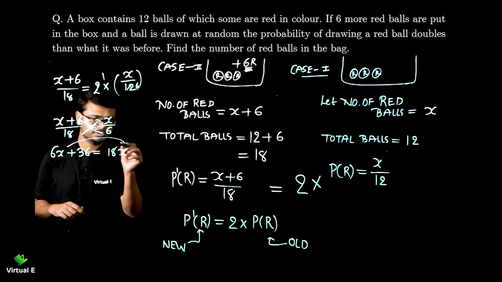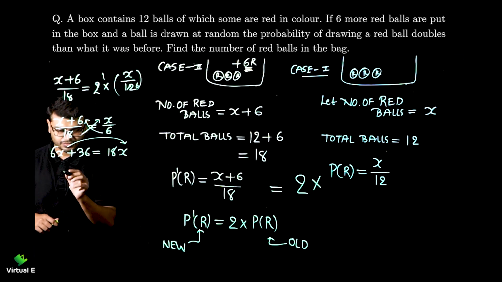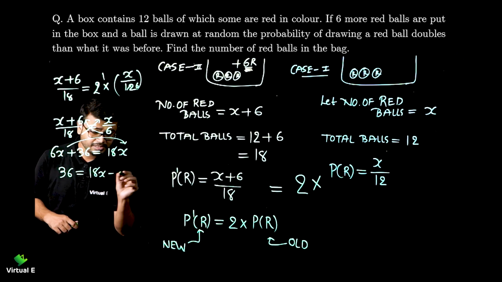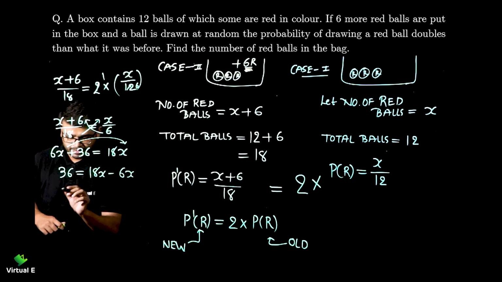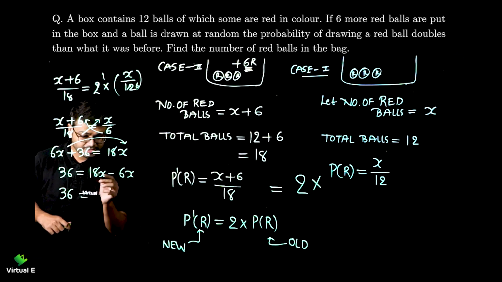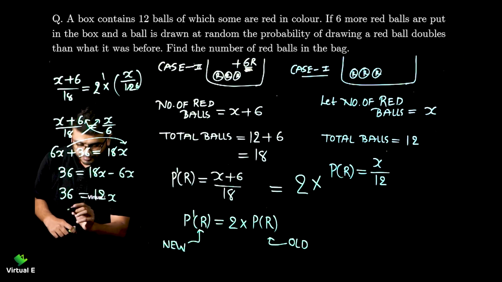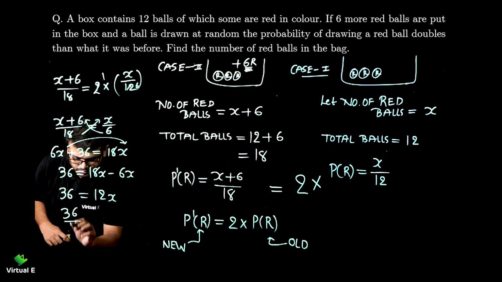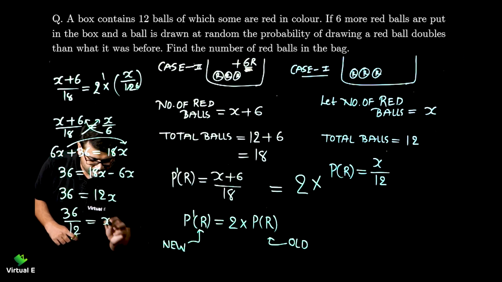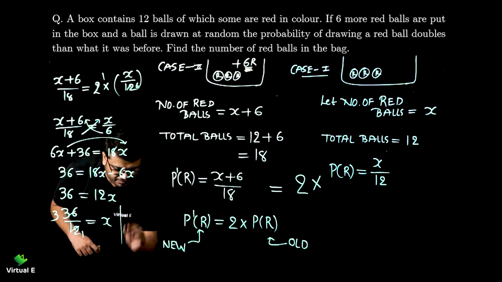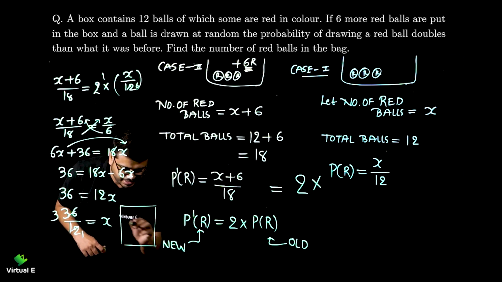Then let's shift this 6x over there. So 36 is equal to 18x minus 6x. So 36 is equal to 18 minus 6, that is 12x. So the value of x is, guess what, 3, right? Because 12 threes are 36. So our final answer: x is equal to 3.